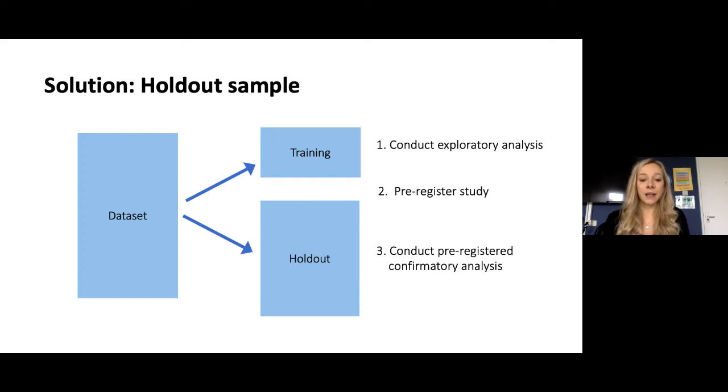And it could be particularly useful for situations when access to independent data sets is limited, although the original data set does need to be large enough to allow sufficient power in the holdout sample, given that this is a reduced sample size from the original data set.